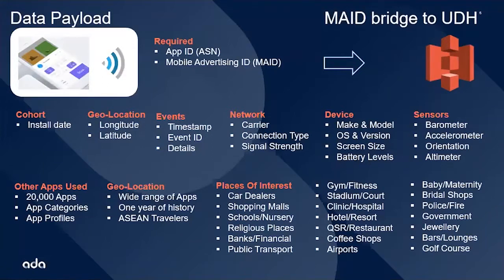Not necessarily while using the app, although we can also have this location, but also when they're using any of the other 20,000 apps. So we can identify, for instance, if a user is a car owner, because they are seen, as an example, in Honda dealerships, right?